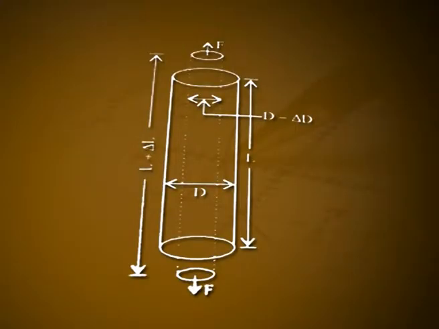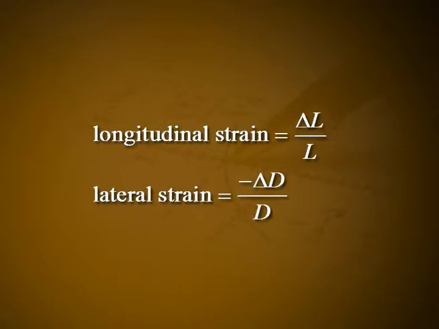In figure 3, a wire of length L and diameter d is subjected to equal and opposite forces F, F along its length. If the length increases to L plus delta L and diameter decreases to d minus delta d, then longitudinal strain is equal to delta L divided by L, lateral strain is equal to minus delta d divided by d.